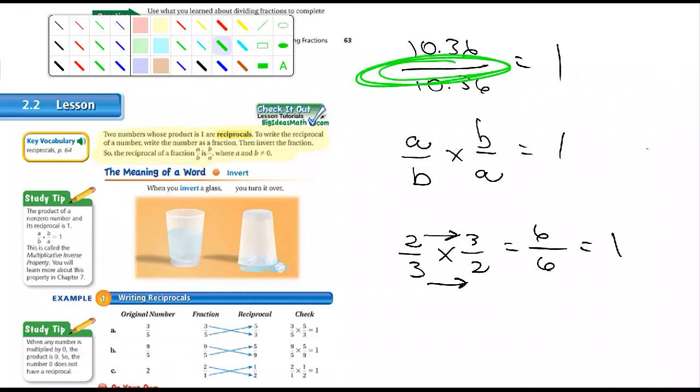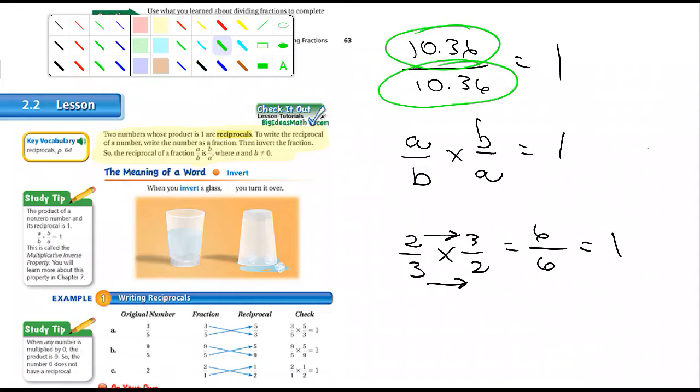This line right here, that means divided by. So I could look at this as 10.36 divided by 10.36. If I wrote a division problem, 12 divided by 12, what's that equal? 1.